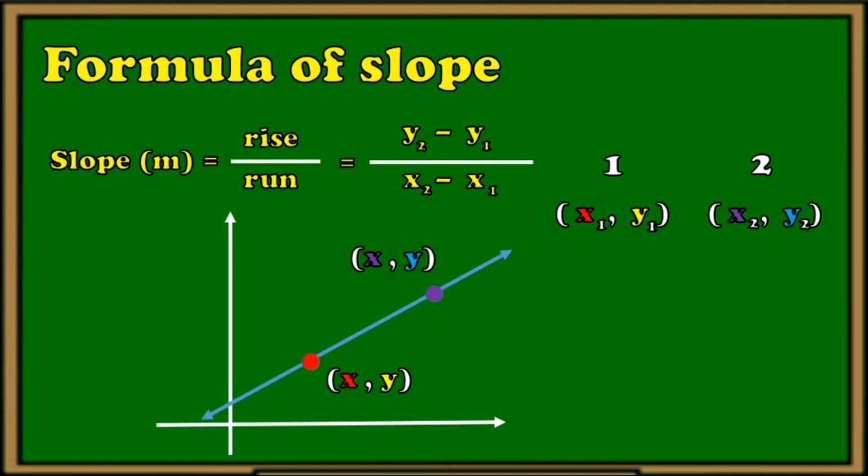So our y sub 2 is the blue y. Let's write that first. Minus y sub 1, our y sub 1 is the yellow y. And for the denominator, our x sub 2 is the violet x minus x sub 1, our x sub 1 is the red x.